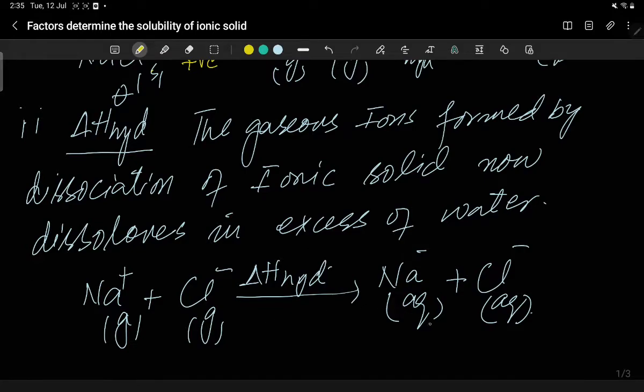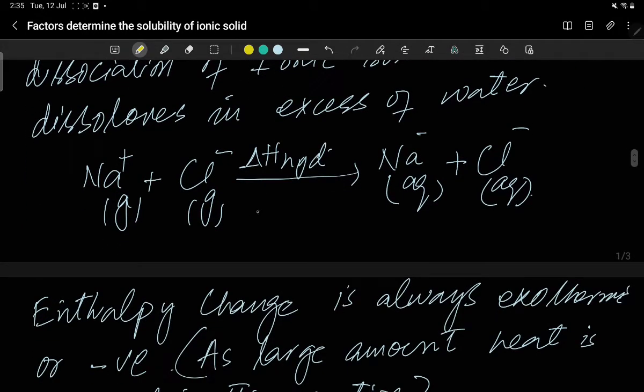This is the sum of sodium gaseous ion dissolving into sodium aqueous ion, and chloride gaseous ion into chloride aqueous ion. So this is the sum of the enthalpy change of hydration of sodium ion and the enthalpy change of hydration of chloride ion.